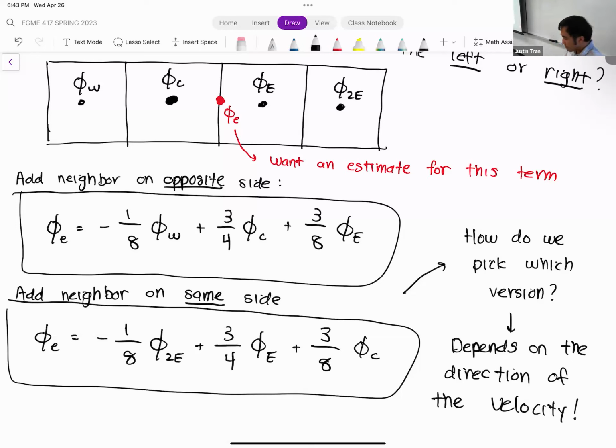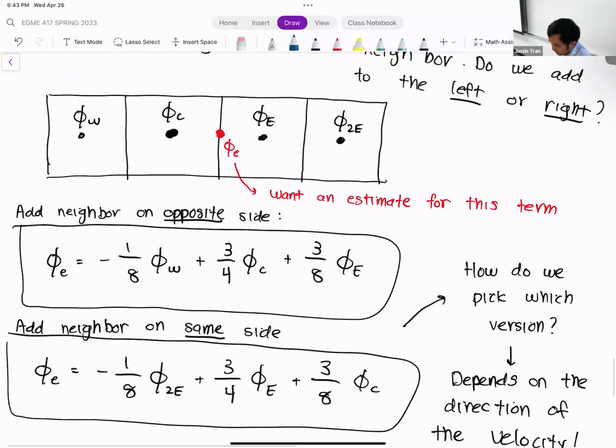Right. And so the idea with QUICK is that where we put the extra neighbor, whether we put it on the same side or on the opposite side, we want that neighbor to be on the upstream side of the velocity. Okay. And so for this particular one, and we'll end with this today, let's say the velocity is going from left to right. That means our velocity is greater than 0.